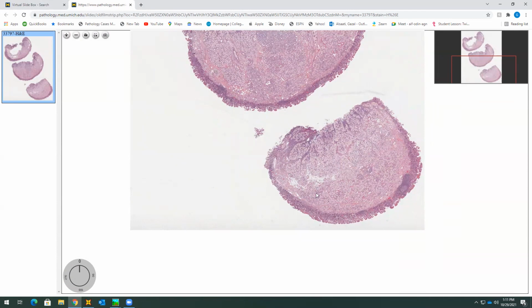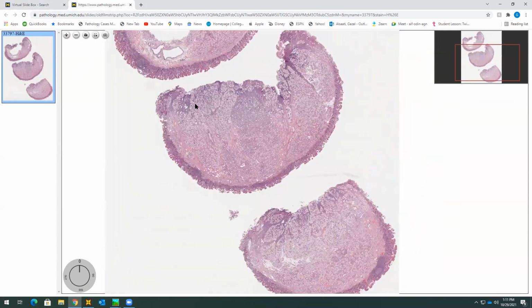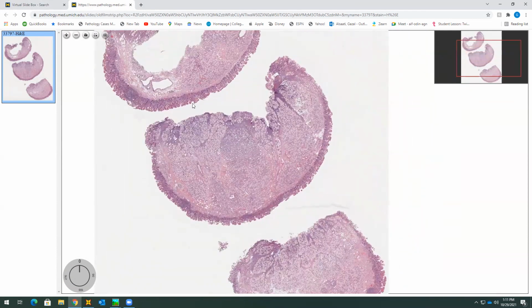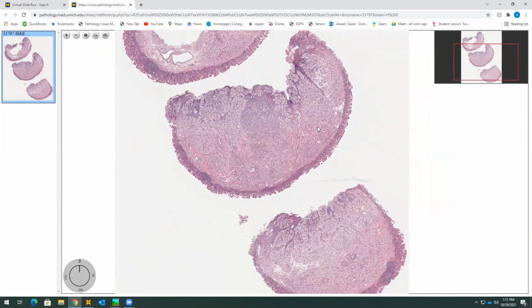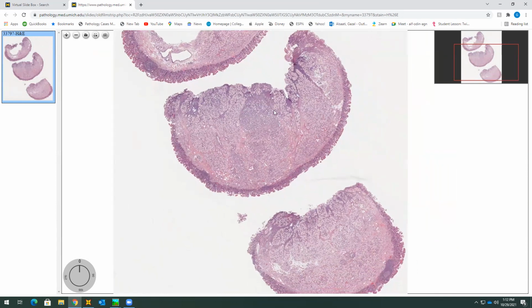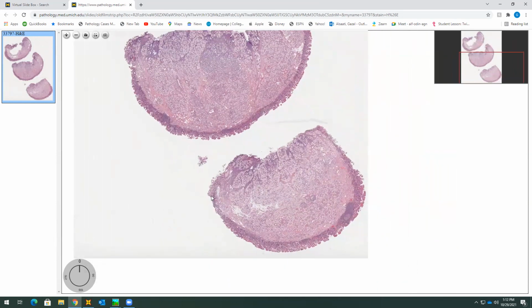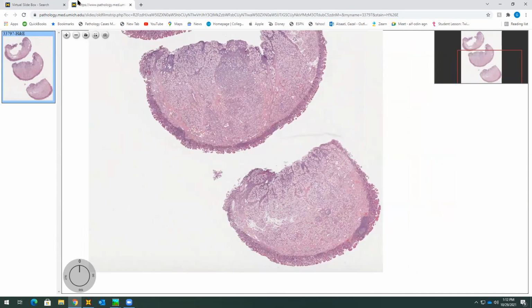Should we just call it Brunner gland hyperplasia versus a hamartoma? Honestly, there is not a lot of difference in management or prognosis or any precancerous lesion, so it's just based on terminology. For this one, it qualifies as a hamartoma because the fat is infiltrating inside it.